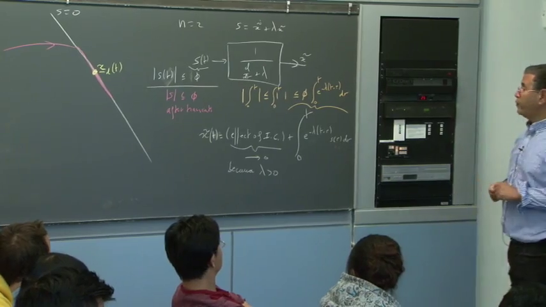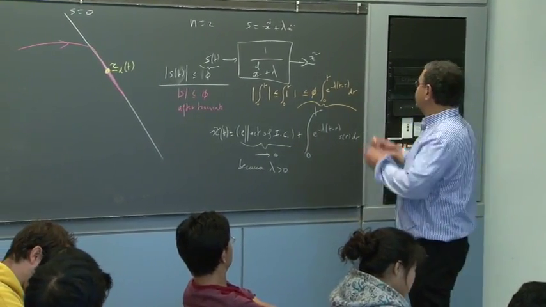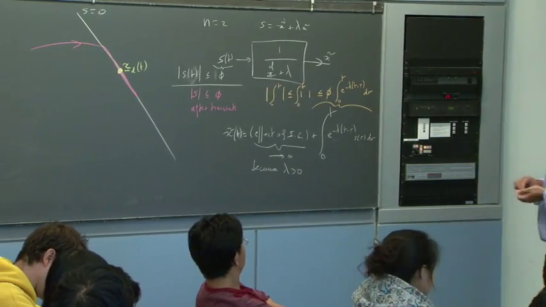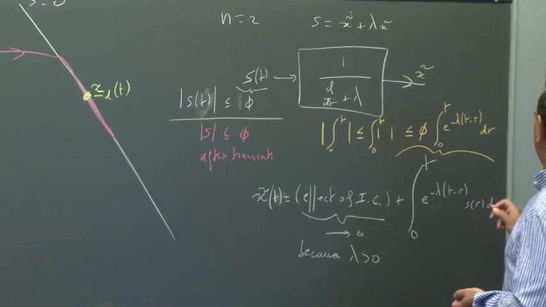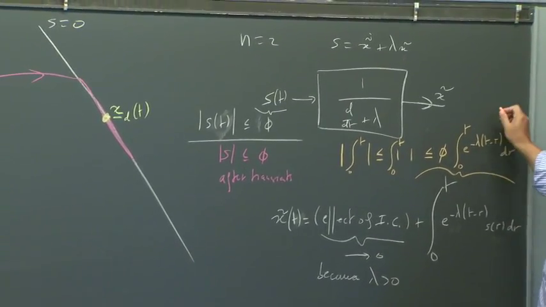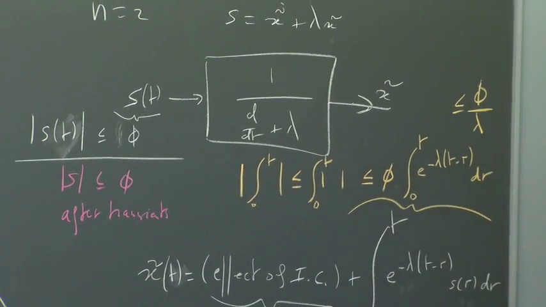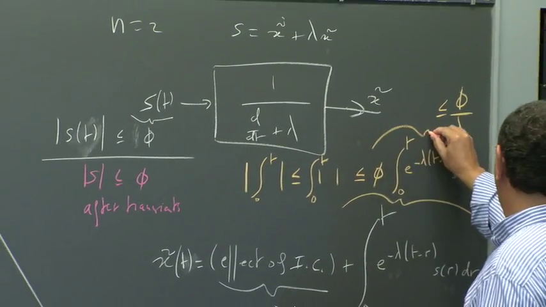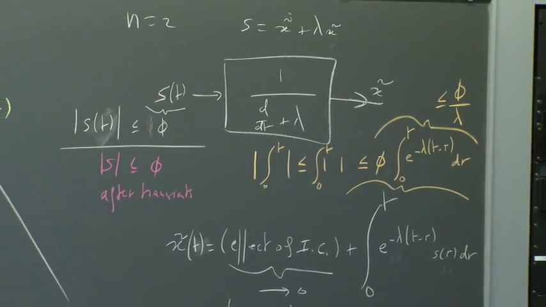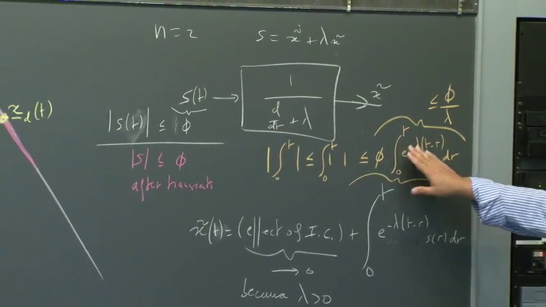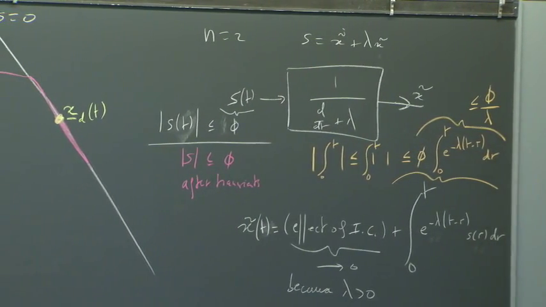And the integral of this exponential you can compute explicitly, and you'll find that it's less than phi over lambda, this whole thing. You have phi times e to the minus lambda t divided by lambda.